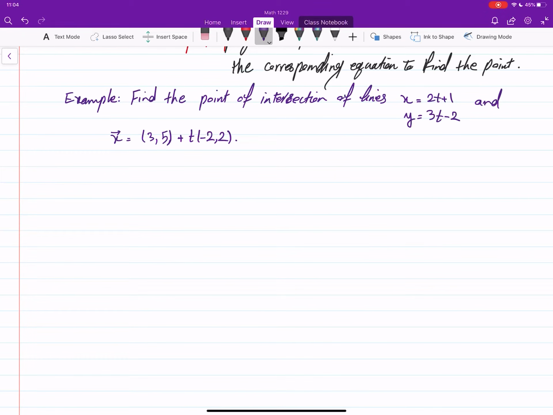Well, you see that both of them are parametric. By the way, this can be in R2 and R3, doesn't matter.